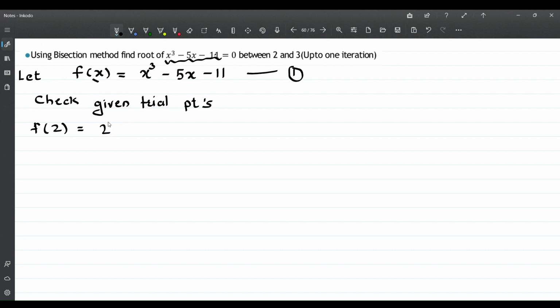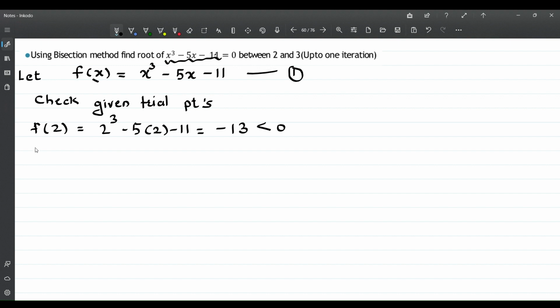Then we have 2 cube minus 5 into 2 minus 11. You can solve it by yourself or by using a calculator. 2 cube is 8, minus 10 is minus 2, minus 11 is minus 13, less than 0.